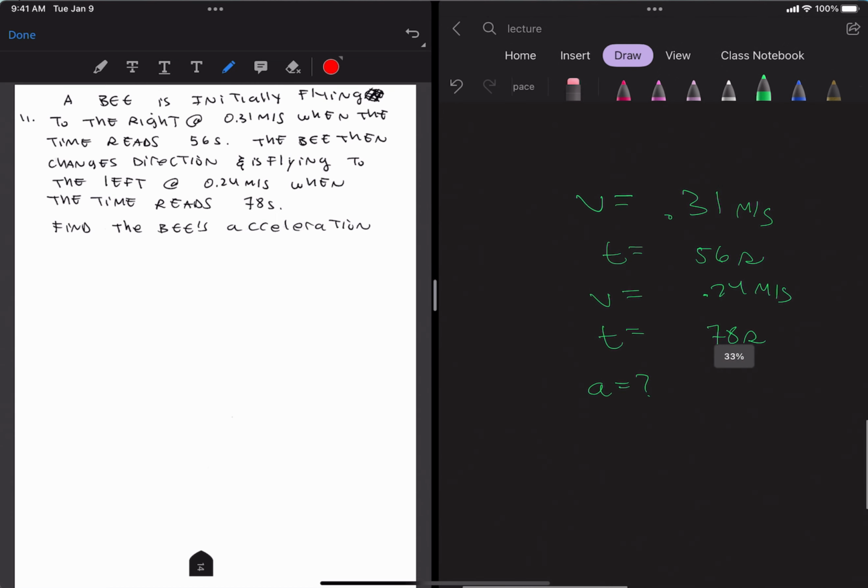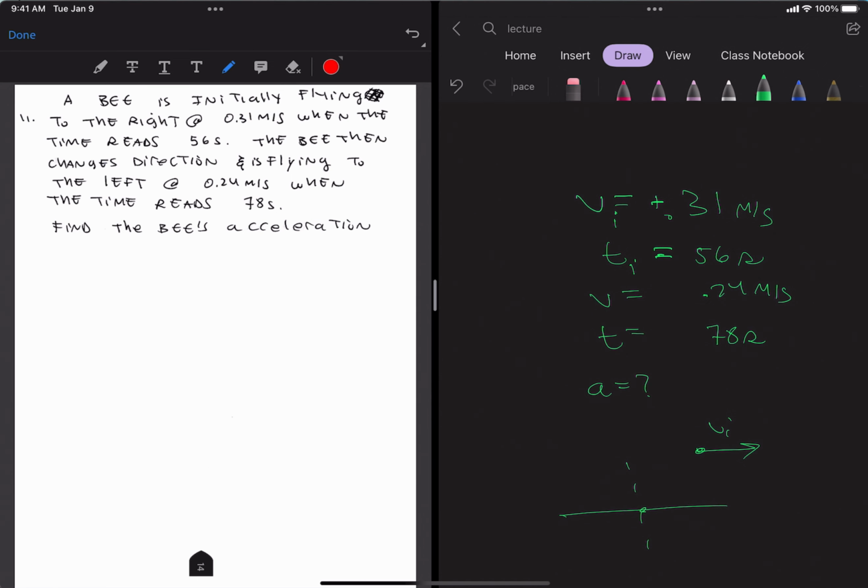Now let's read the question in more detail. Let's say this is the origin. The bee is initially flying to the right, so the initial velocity is 0.31, and it's positive. And 56 seconds is the initial time.